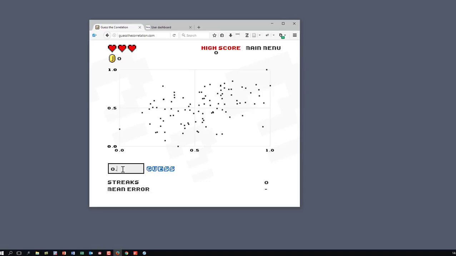So this is looking like old school Pac-Man kind of games, 8-bit games. Guess here what the correlation between the two is, and the aim is to stay within, I think, 0.1 of the true correlation. Okay, so give me a guess.